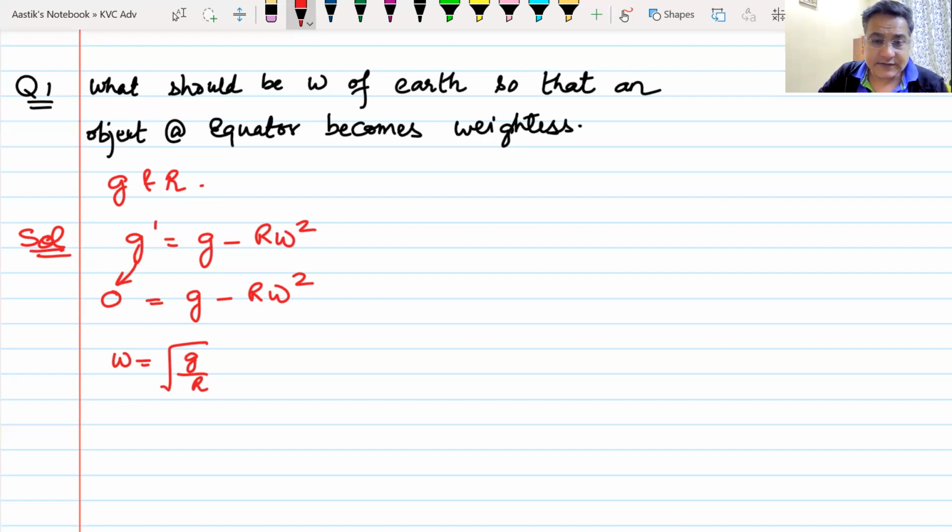The next heading is gravitational potential. What do you mean by gravitational potential? We have done gravitational field, now gravitational potential.